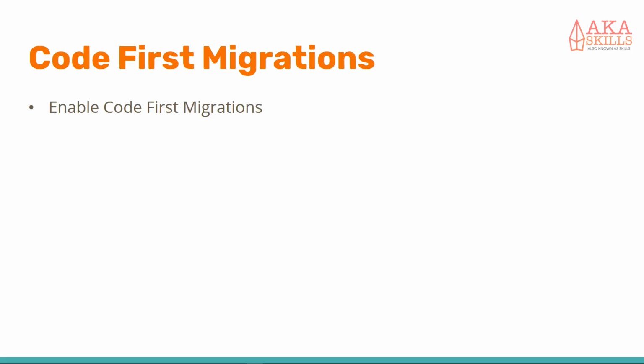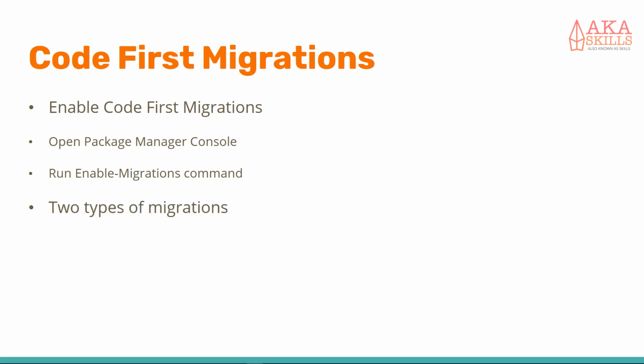So, enable first. Here we got code-first migrations, so we need to enable them. How to do it? Open the Package Manager console and run the enable-migrations command. Basically, this will create some initial jumpstart code for migrations. We have two different types of migration.